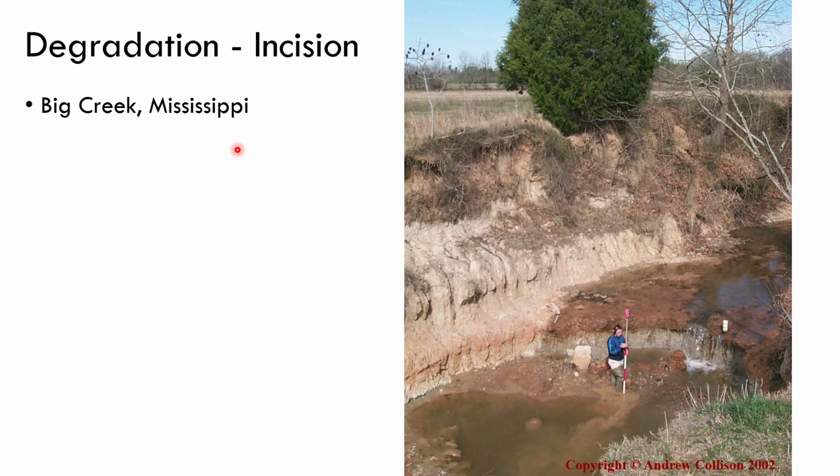It's doing that by eroding and changing its width and its depth, specifically its depth. So here's the land surface up here, and down, probably at least 15 or 20 feet, to the bed of the river.